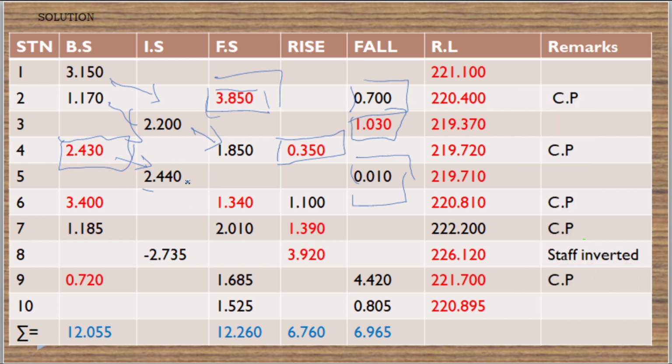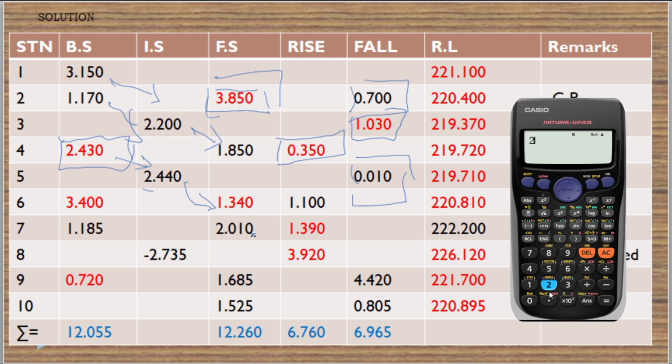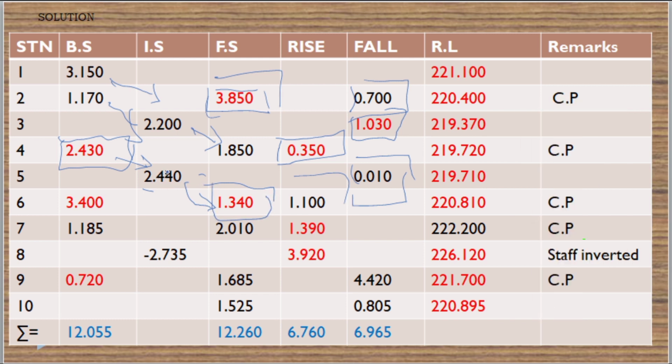Then on our next, the intermediate minus the last reading, we had a rise there, so that is 2.44 minus the x is equal to a positive 1.100. That means our answer will be a lower value than that on the first position here, so that will be 1.344. So we had a change point there.